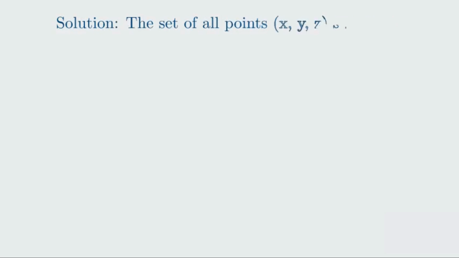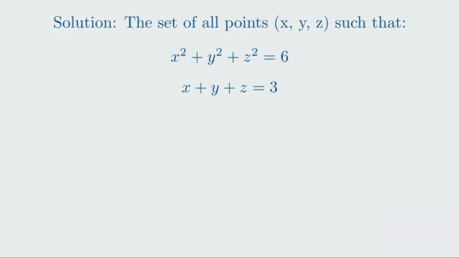If you are asked for the solution, you should state it as the equation of the plane and the equation of the sphere, along with the properties of their intersection. The solution is the set of all points x, y, z that satisfy both original equations. We have now fully described the solution as a circle in 3D space.